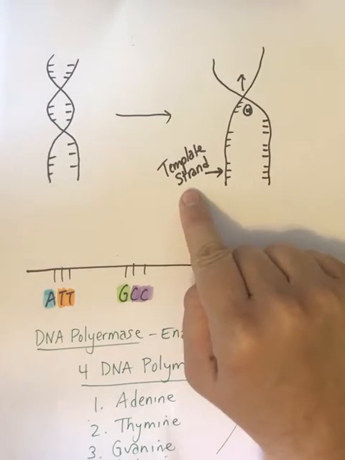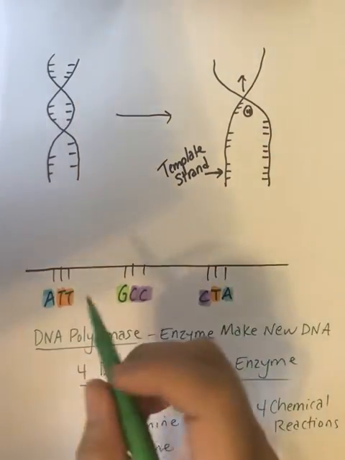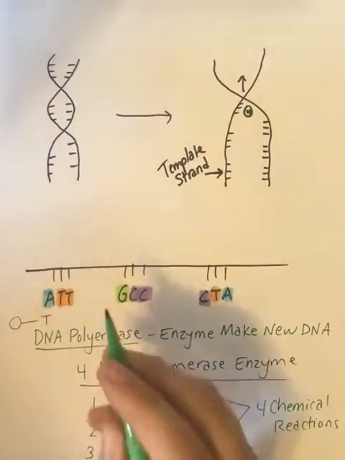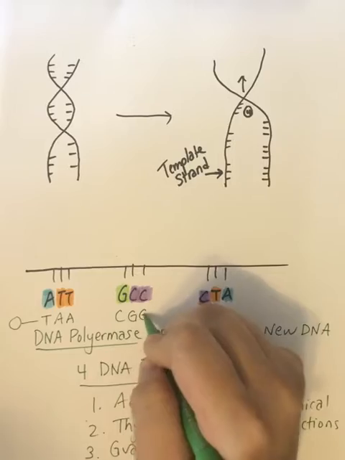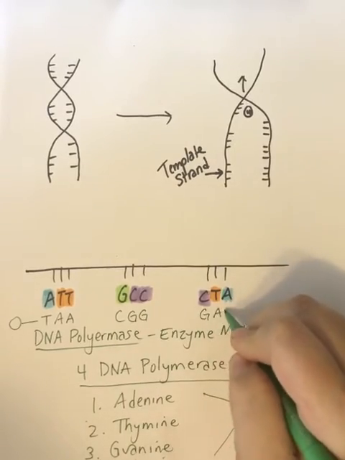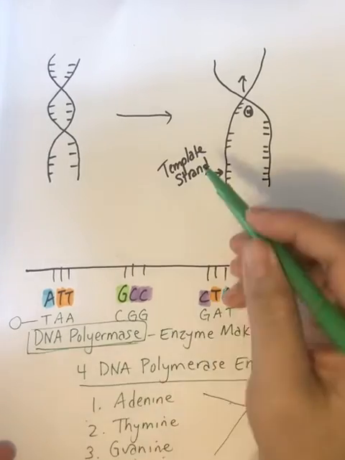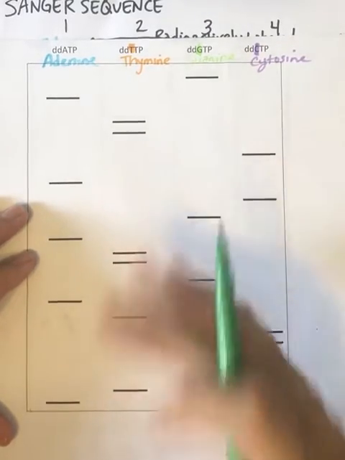You run this through the machine, and it's doing the copies because DNA polymerase would basically go through, and it would say T, this one's A, C, G, G, G, A, T. So your DNA polymerase is basically figuring out what the template strand is. So this is not the template strand, this is the Sanger sequence, it's the copy.